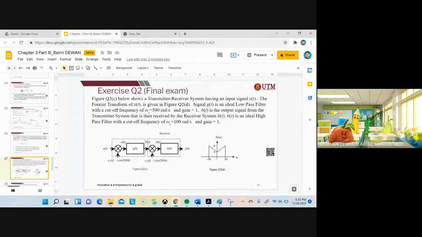This one is for exercise Q. The figure below shows a transmitter receiver system. You see here is the transmitter receiver system, so you have the transmitter and you have the receiver. If you can see the signals, obviously this one is the transmitter and this one is the receiver, not because one is at the left and one is at the right. I don't want students to keep assuming transmitter at the left and receiver at the right.